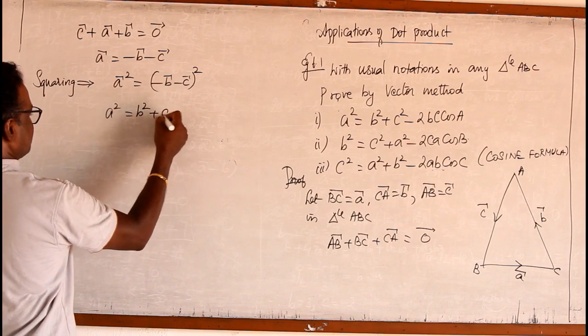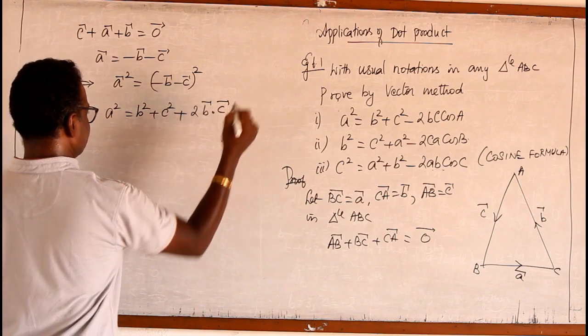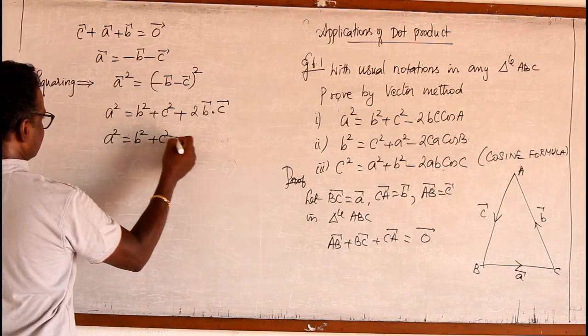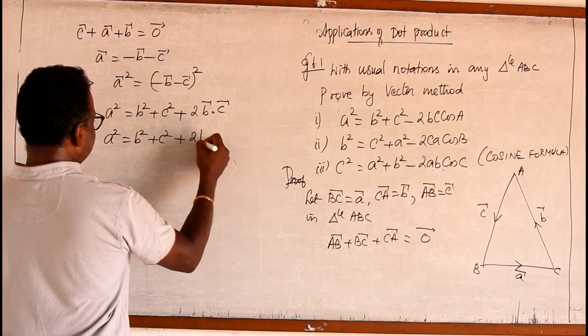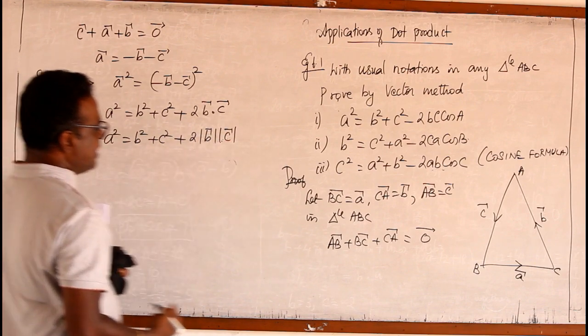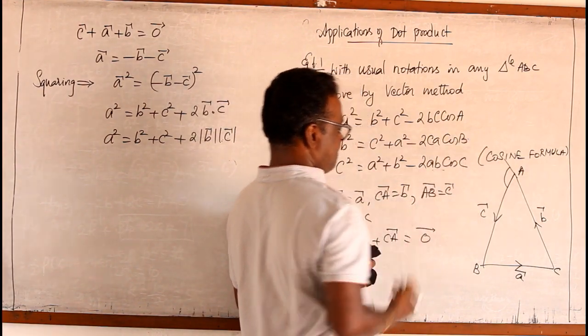So a² = b² + c² + 2 b dot c. Here b dot c means modulus of b, modulus of c, cosine of the angle made by b with c.